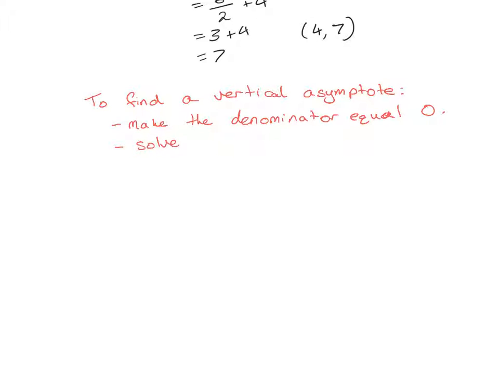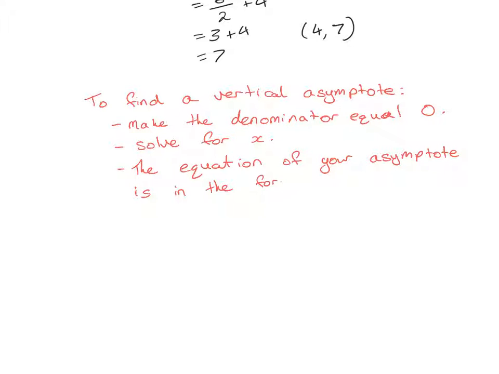Solve for x. Then the equation of your asymptote is in the form x equals, and whatever your solution was in there. So if you got 5 in the end, it's x equals 5.